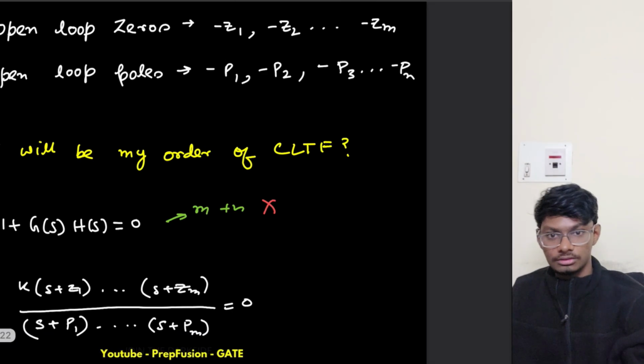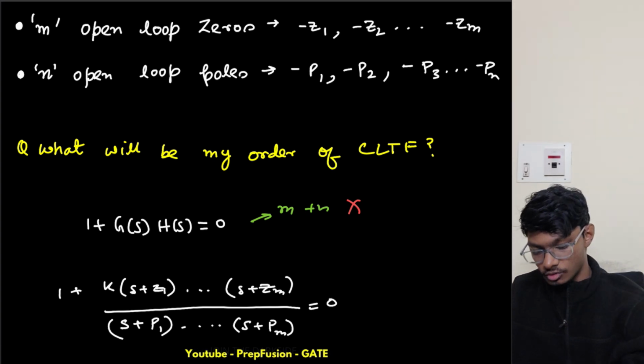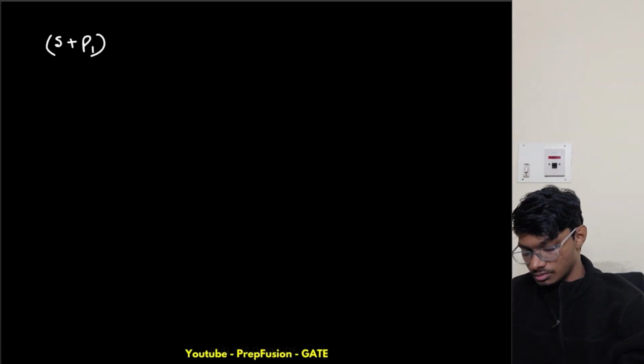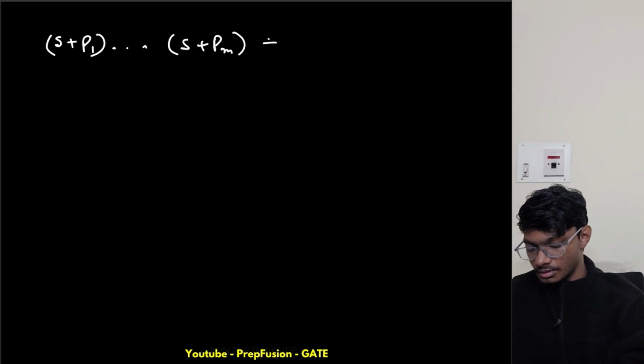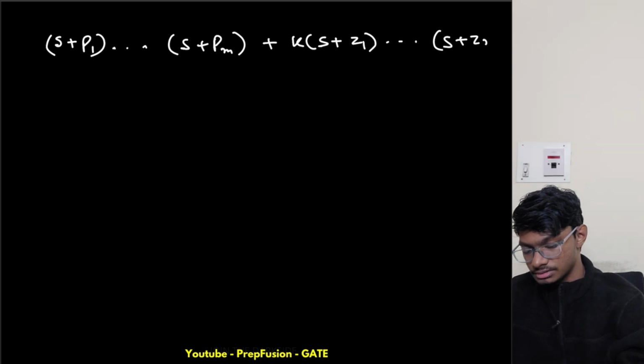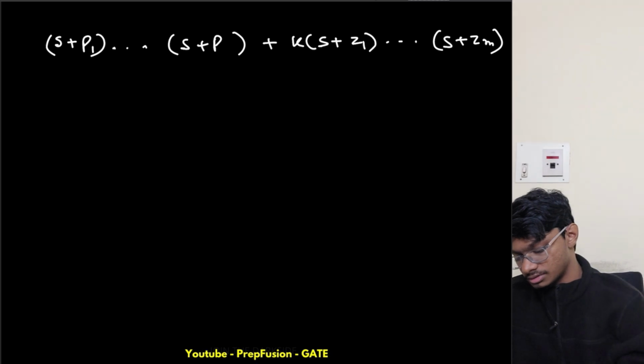If I do the cross multiplication, I get (s plus p1) into dot dot dot (s plus pn), and here I have K into (s plus z1), also going on until (s plus zm). Sorry, this is pn actually.